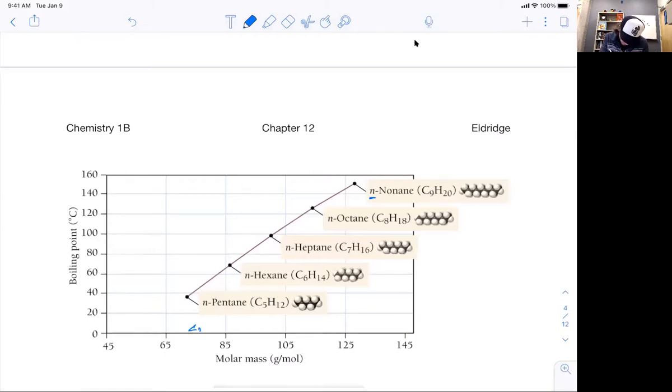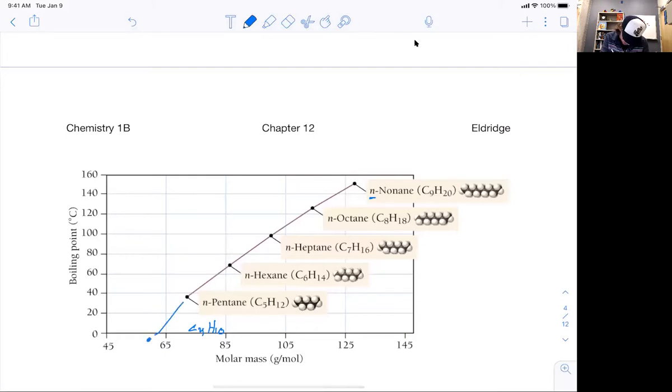If you had C4H10, this is butane. This is that liquid that you can see in some of those lighters. Sometimes in a little handheld lighter, you can see the liquid at the bottom, but it's evaporating pretty quickly when you open it. It boils at negative 0.6 Celsius. Its molar mass would be about 58. So it would be around here and around there.